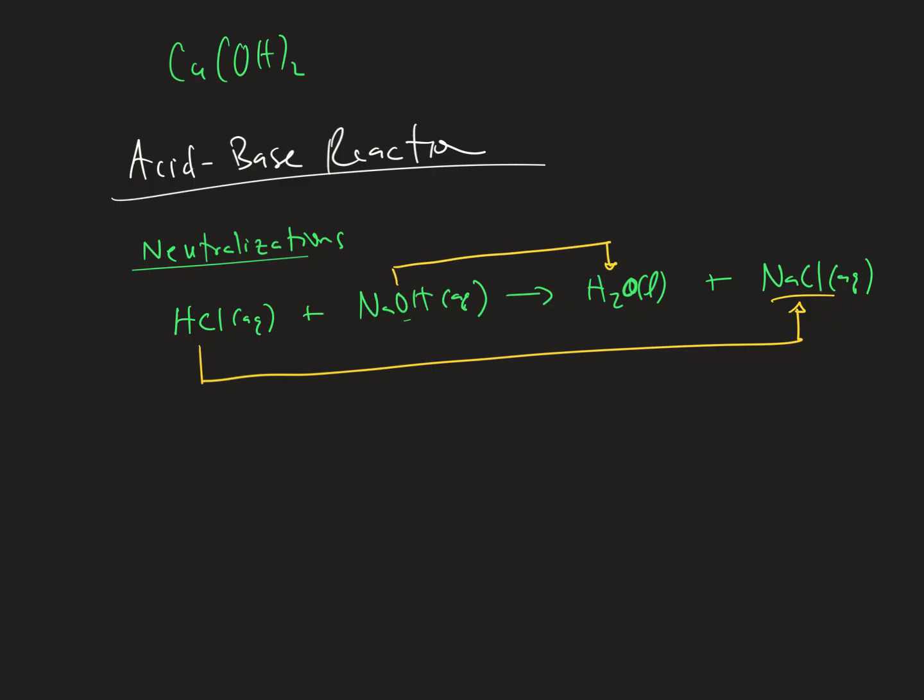It turns into a what? A weak acid. An acid turns into a base, and a base turns into an acid. So if you have that, you're going to have an acid-base reaction. Now this one's pretty straightforward. If you have an acid and base and get salt and water, it's a neutralization reaction, and it is an acid-base reaction.